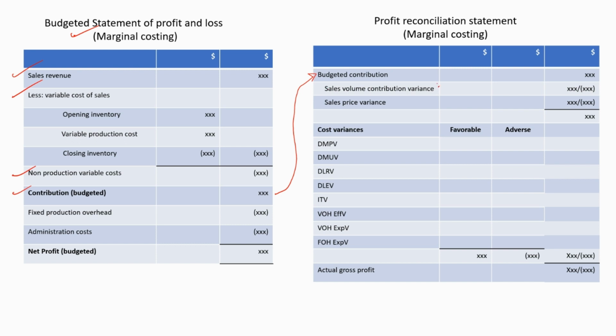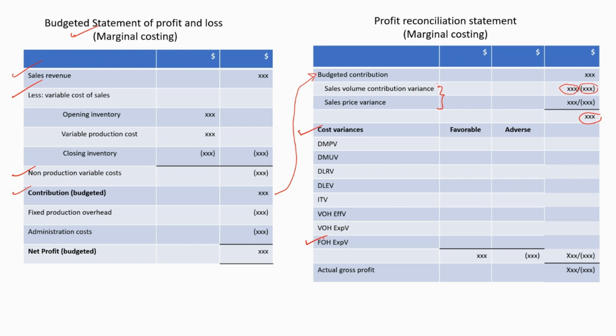We use the same technique as absorption costing. First, if the sales variance is favorable, we add this value to the budgeted contribution. If it is an adverse value, we deduct this value from the budgeted contribution. So we can arrive at the adjusted budgeted contribution. Like absorption costing, we then adjust for the cost variances. There is a small difference, which is that we only use the fixed overhead expenditure variance for fixed overheads.